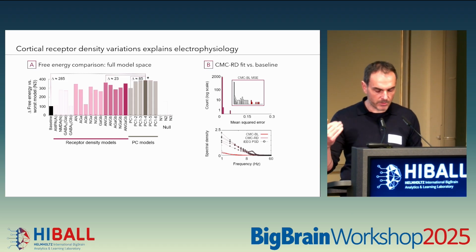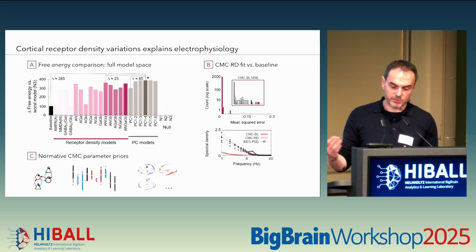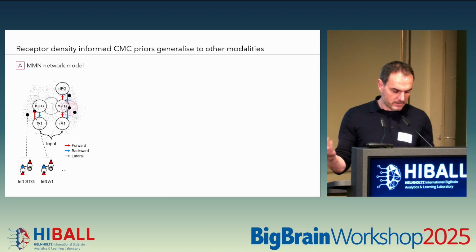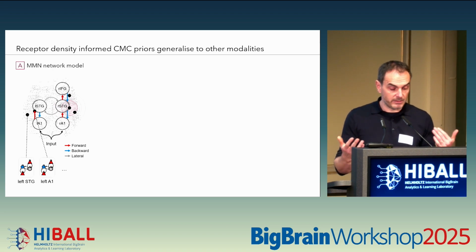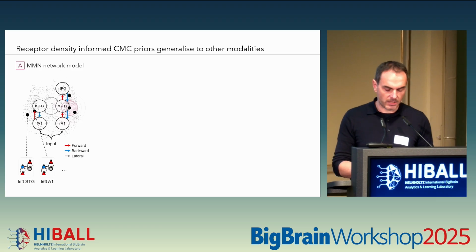And what we got from that were priors, which can then be used for other models. We did a small test with a fairly well-known ERP, the mismatch negativity, a model which was replicated multiple times and is a good baseline model.